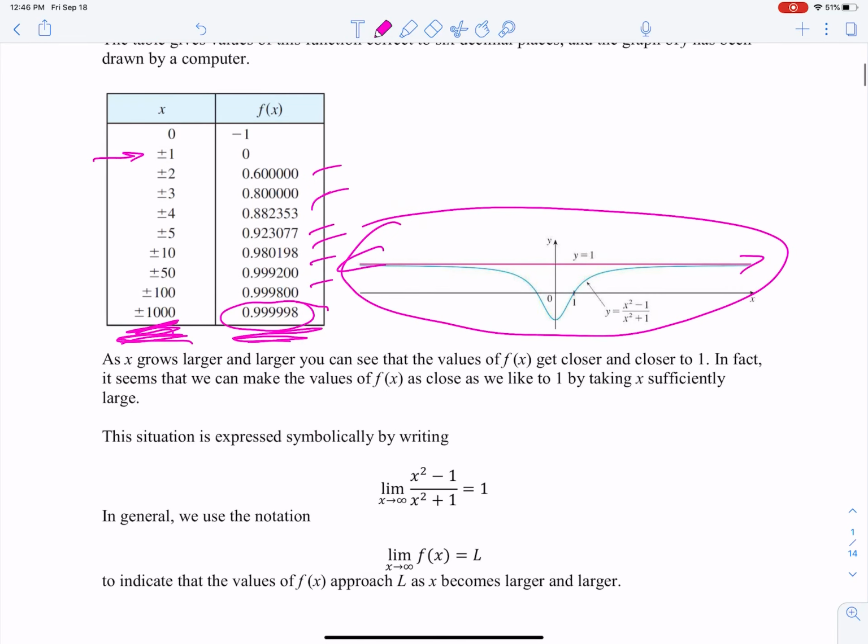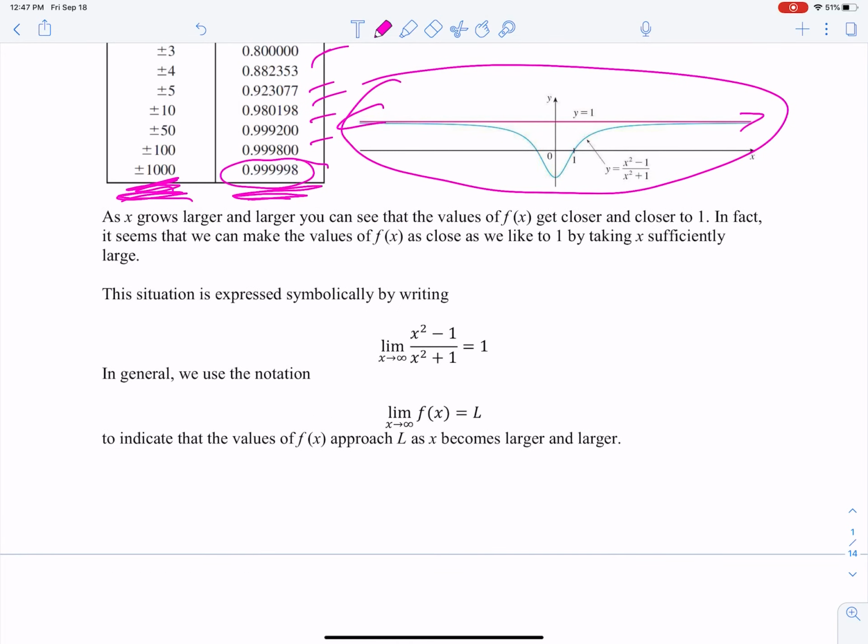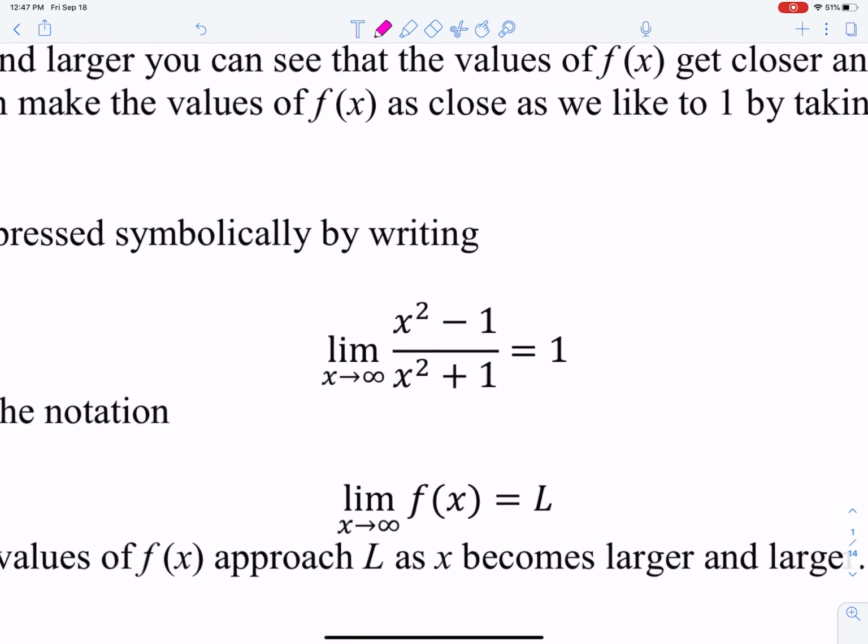As x grows larger and larger, you can see that the values of f of x get closer and closer to 1. In fact, it seems that we can make the values of f of x as close as we like to 1 by taking x sufficiently large. This situation is expressed symbolically: the limit as x approaches infinity of this function equals 1.